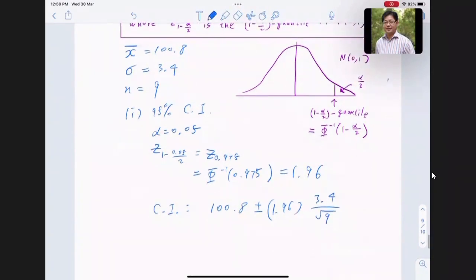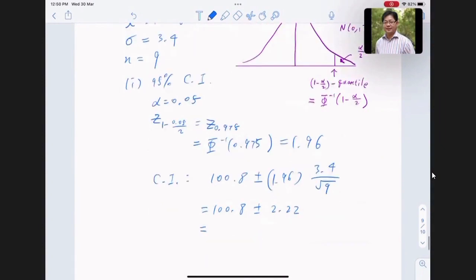So this is just a typical question where you find out all the quantities for the formula and substitute in the formula. And the quantity added to or subtracted from the mean is called the margin of error.